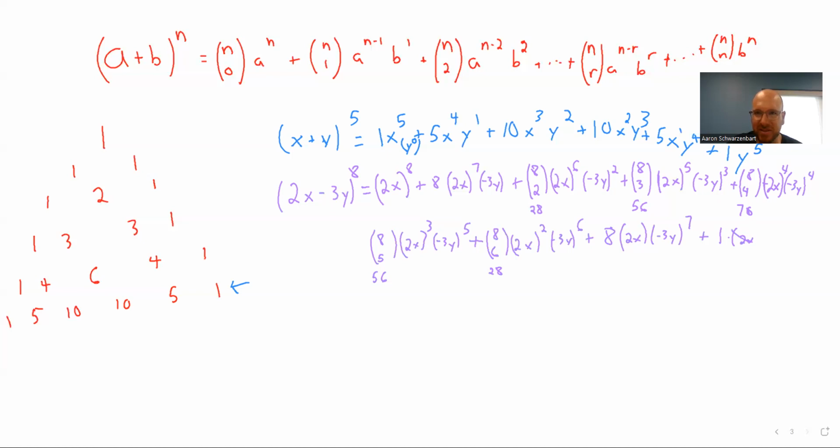Let's just get rid of it. Negative 3y to the 8th.